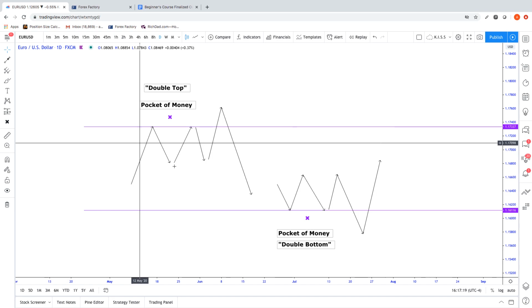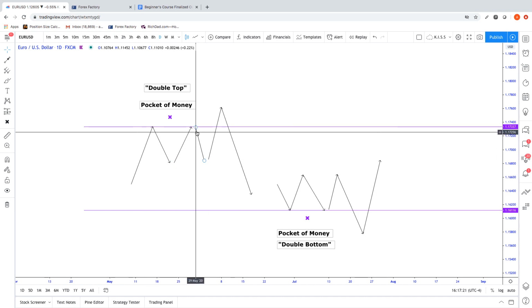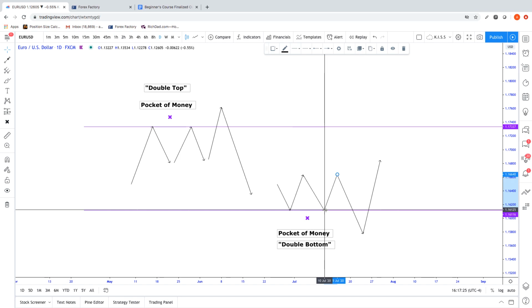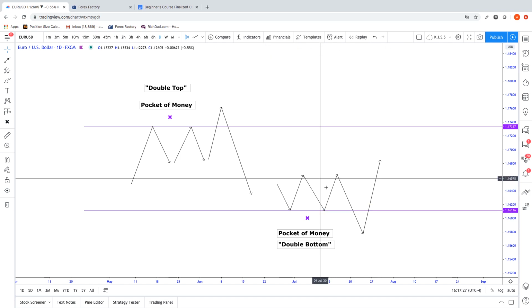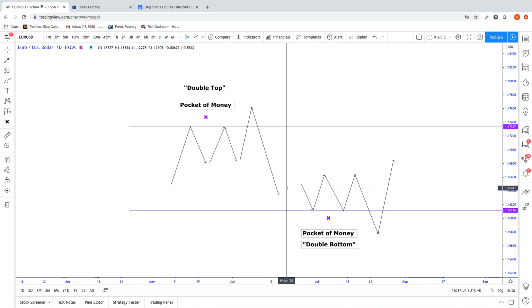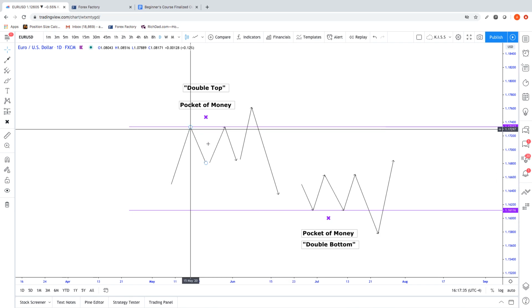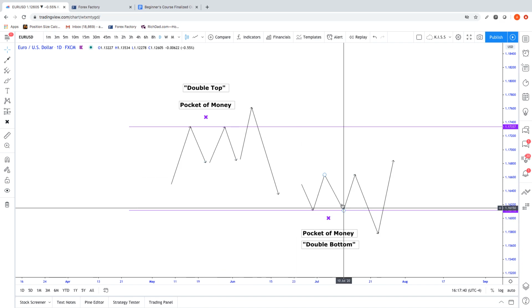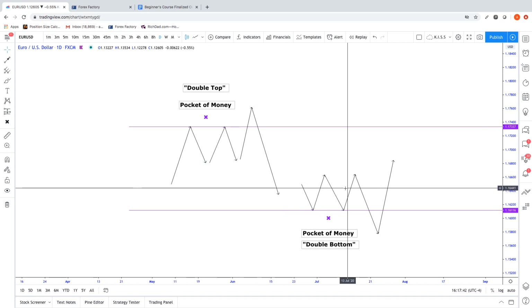Okay? And so this is where, if you have been taught, or if you trade double tops or double bottoms, you need to scrap it immediately. Okay? And you have to understand that we are patient traders and that we don't trade off of equal highs and we don't trade off of equal lows. Okay? We wait.